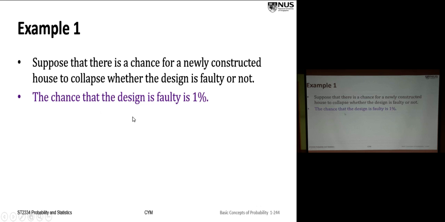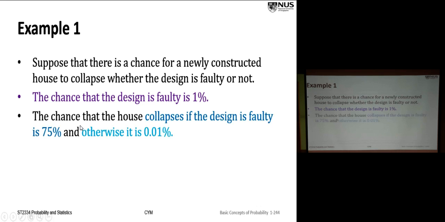But of course, if it's a faulty design, then the chance of collapse may be higher. Here we try to use some figures, which may not be very practical. The chance that the design is faulty is 1%. So the design is okay with 99%.